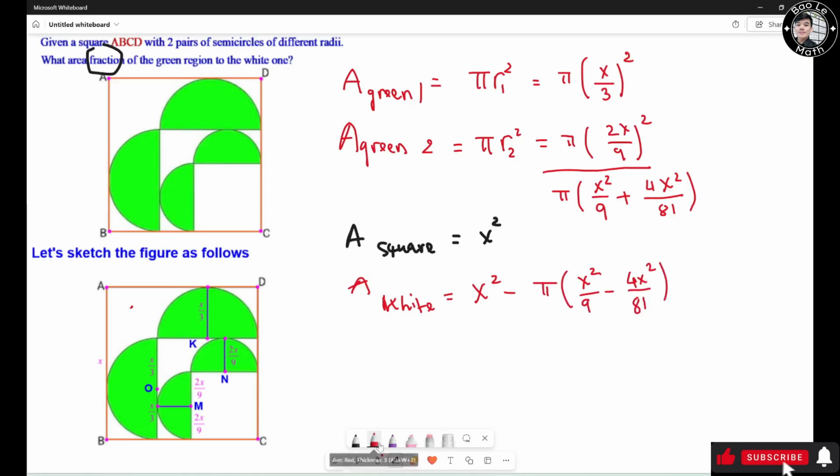Now the fraction should be the area of the green shape over the area of the white shape.